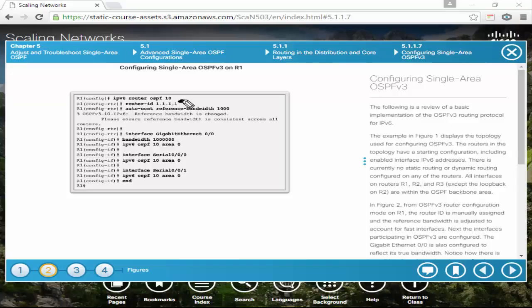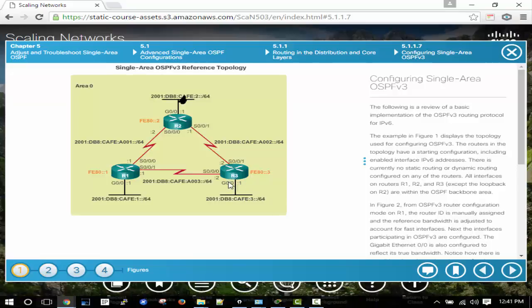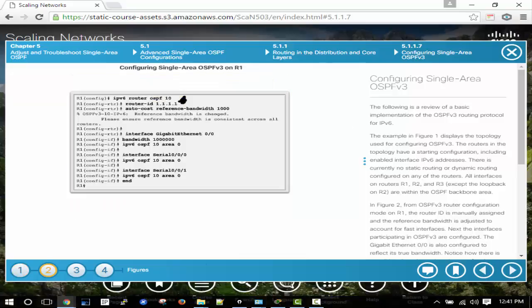All we're doing is setting a router ID, because it cannot build a self-built router ID otherwise. Why they're not showing that router ID on here, I don't know. So that's what we're going to do there. Build that router ID. They set their auto cost for reference, so we have the right speeds again.